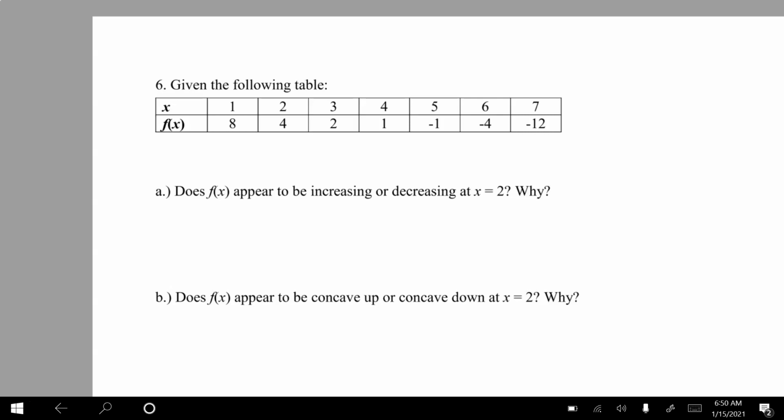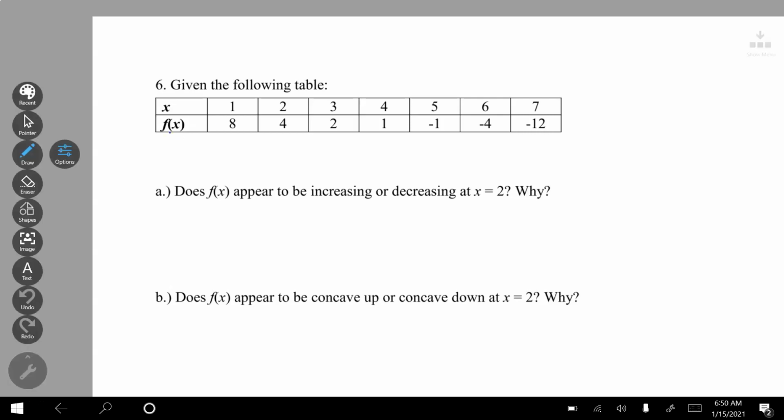Well, the most important idea that I need, if I have a table of x's and y's, or f of x, is to figure out the rate of change, which is just change in y over change in x. So in between all these points, I'm going to do change in y over change in x. Now I made it very easy because the whole time in this table, the change in x is just equal to 1.